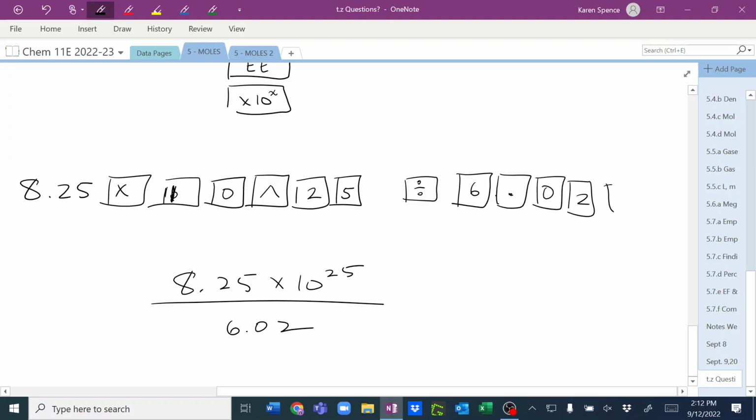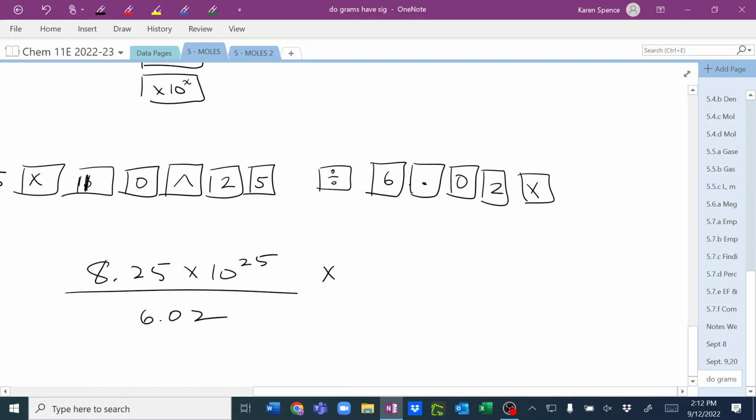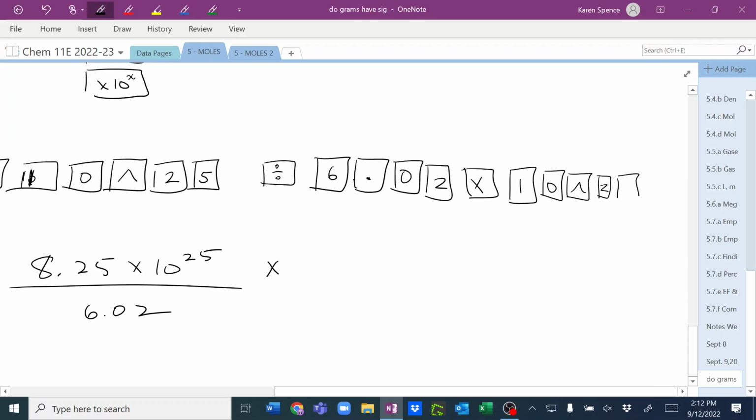If you now type times, your calculator says times, put it in the numerator, and if you now type 10 to the 23, what you will end up with is times 10 to the 23 with your 23 power of 10 in the numerator, because that's how your calculator thinks.